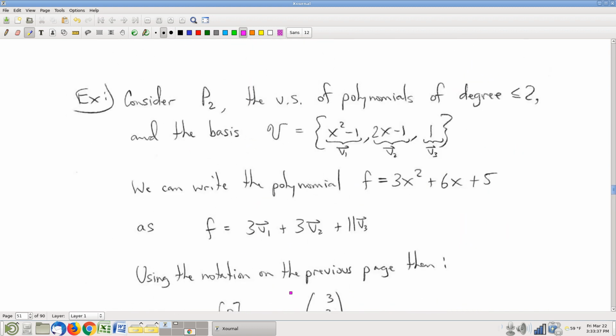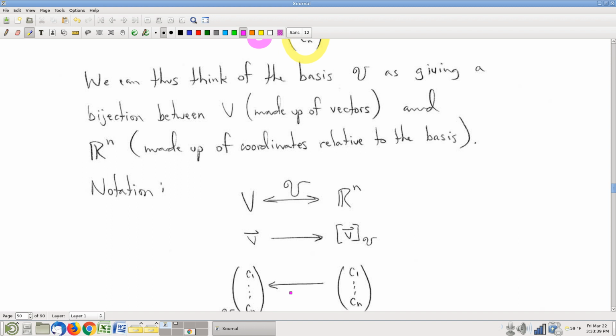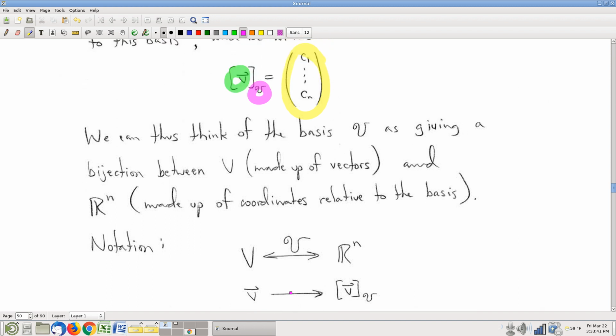Okay. Now, let me come back up to where we were over here. Reminder that what we've got here is a basis serves a role as a kind of function. It takes abstractions, in this case vectors, and turns them into something pretty concrete. I mean, lists of numbers, right? Abstract vectors in an abstract vector space, we turn into a list of numbers.